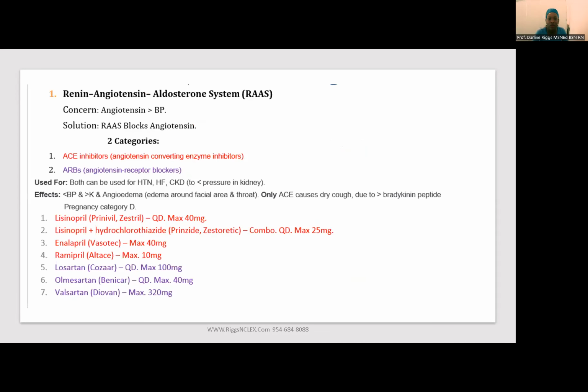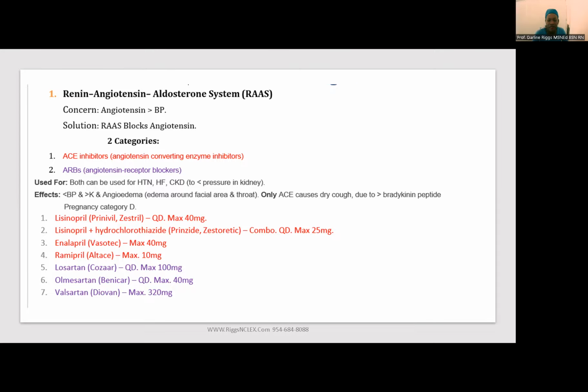Remember, your renin-angiotensin system drugs include the ACE inhibitors and the ARBs. Your ACE inhibitors, the prils, are the ones that cause that nasty chronic dry cough. As far as test questions, you need to remember that.